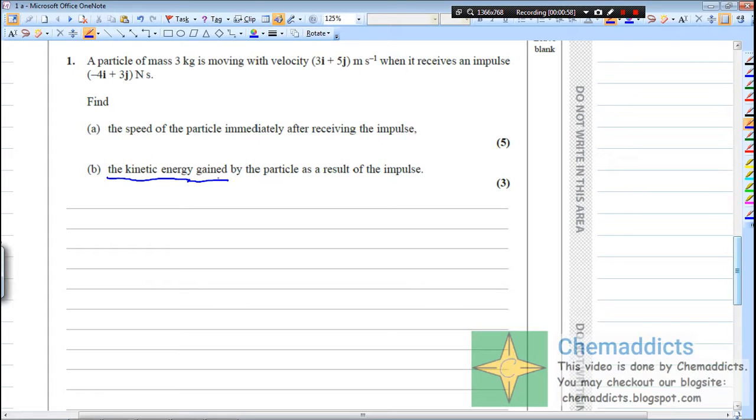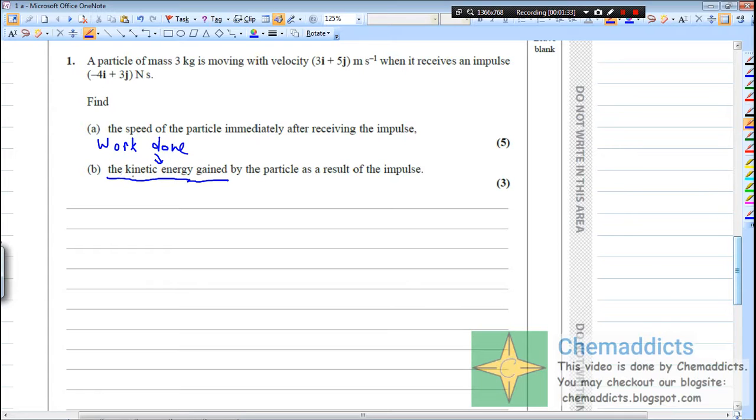This kinetic energy gained is the work done. What has basically happened here is that when there is a kinetic energy gained, work done has already happened.